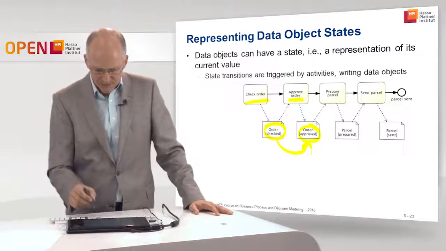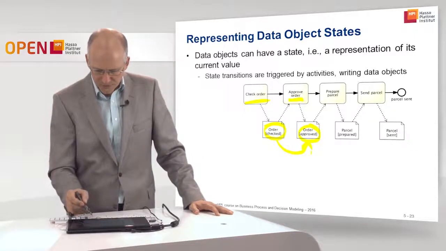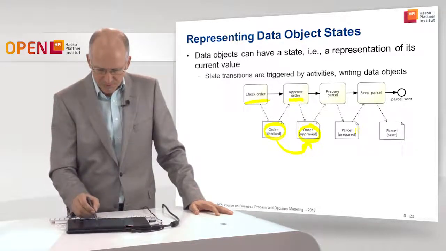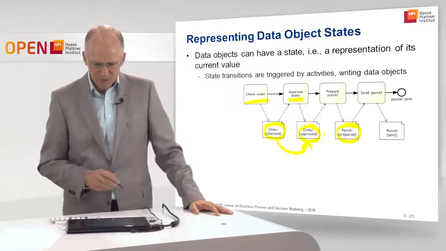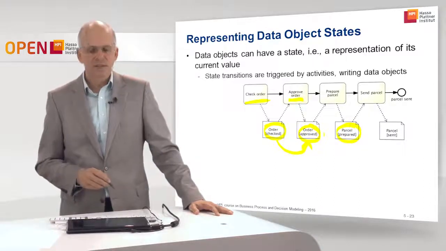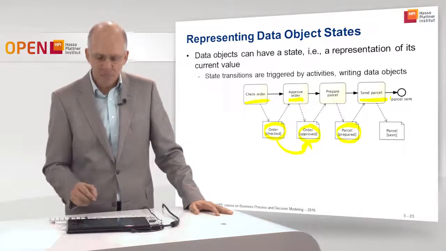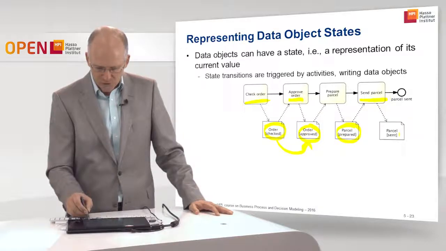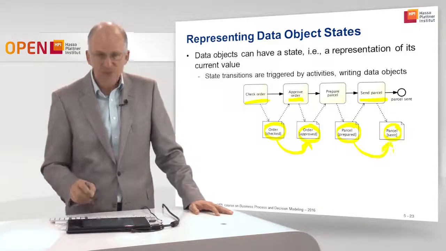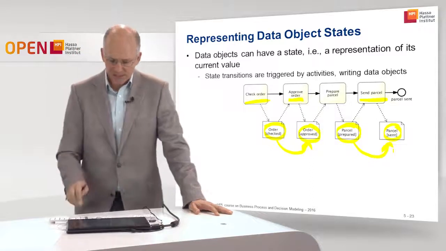We have the same for prepare parcel, where the parcel data object is created in the state prepared, and the send parcel activity then changes the state of the parcel data object to sent. So here also we have a state change of the data object parcel.